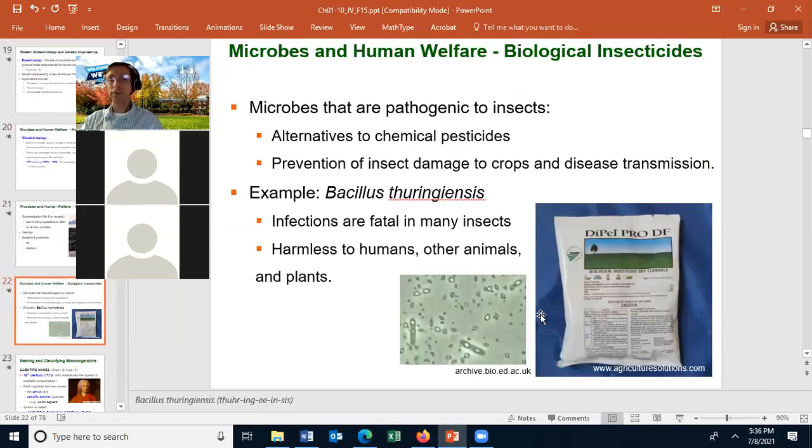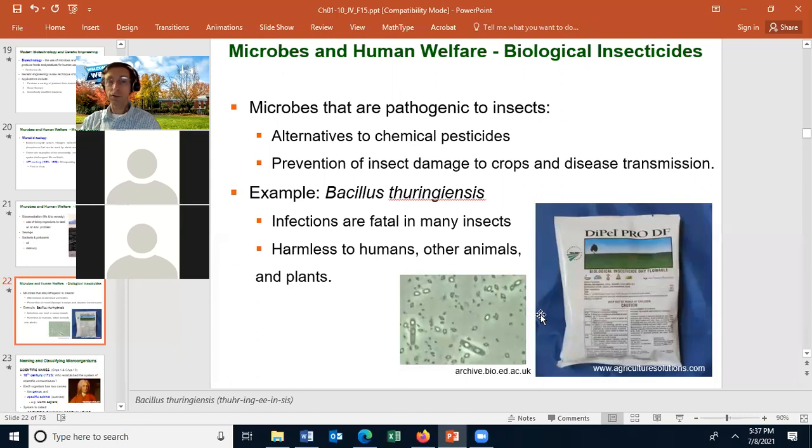Well, let's go on to ways that humans can use microorganisms. We can use microbes as a biological insecticide. Sometimes they make the insecticide. Other times, like the example I'll give, the bacteria itself is an insecticide.